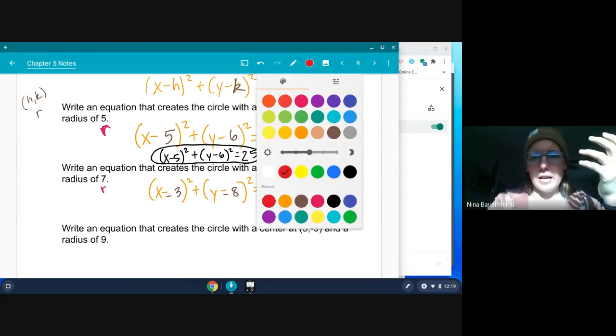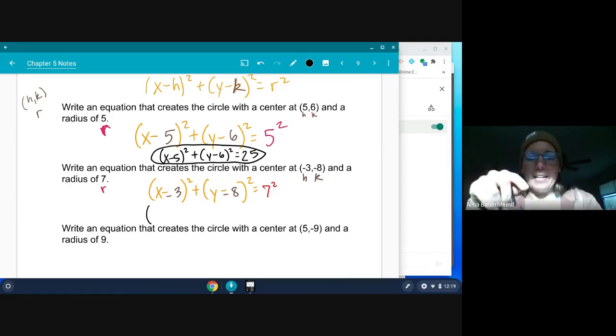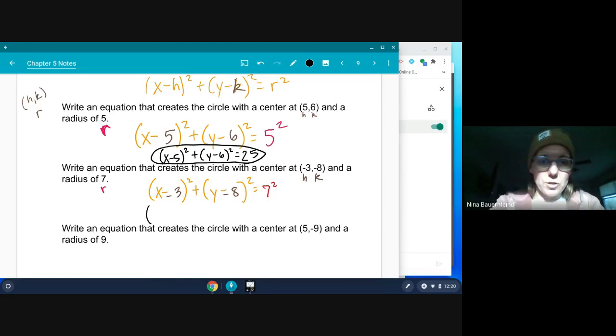So this is like the final line. X minus negative 3, what is that actually? What is minus a negative? A positive. It is. So it's going to become X plus 3 squared plus, and then here, what's this one going to become? Also positive. Thank you. And then 7 squared is 49.